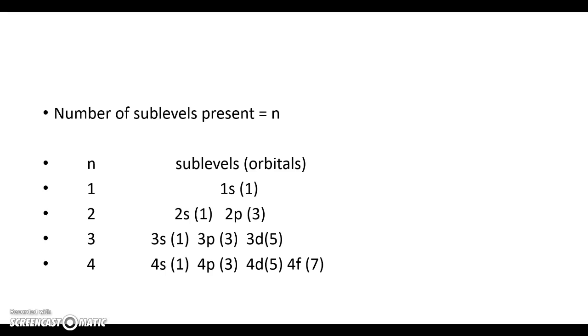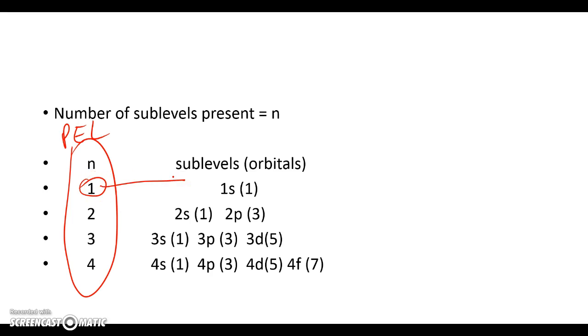All right, let's talk about sublevels. Here are our principal energy levels, designated by n. This also tells me how many sublevels it has. So principal energy level 1 has 1 sublevel, it's an s. Principal energy level 2 has 2 sublevels, s and p.